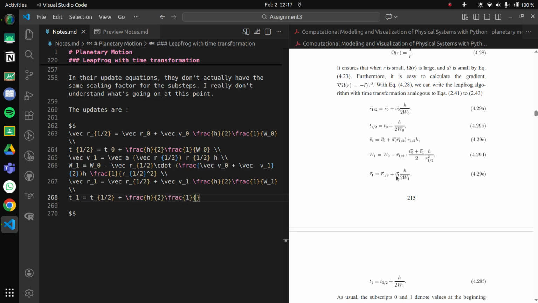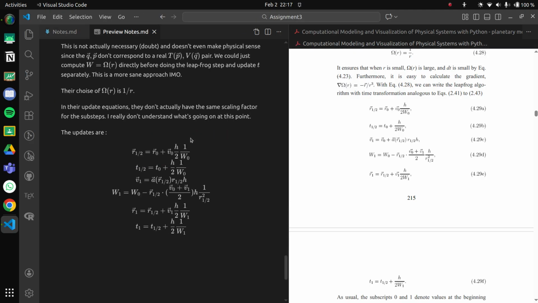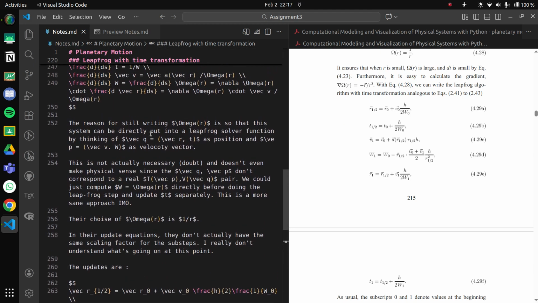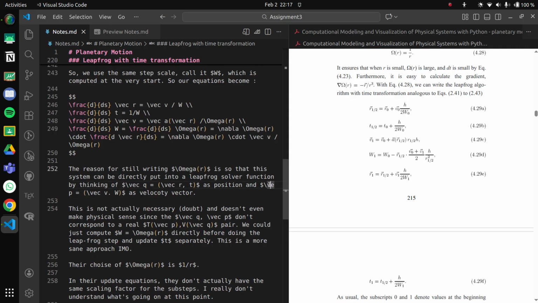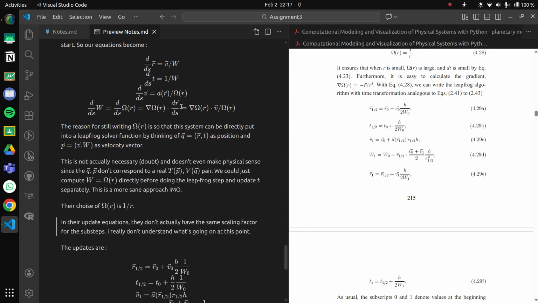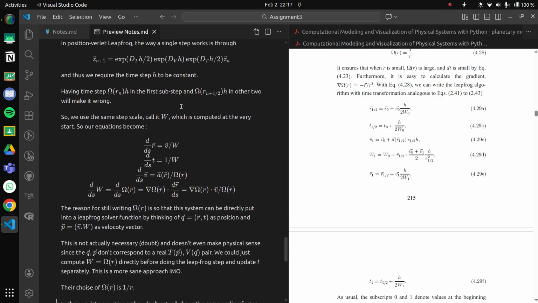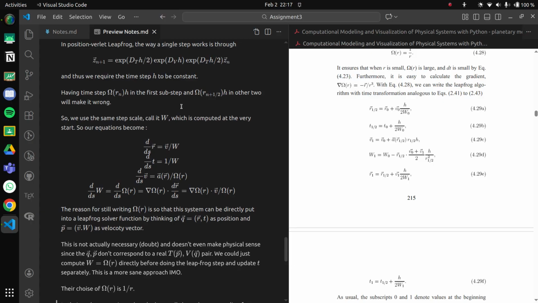This particular thing makes no sense. Vector v isn't actually a function of r. Do you not want this to be completely a function of r?